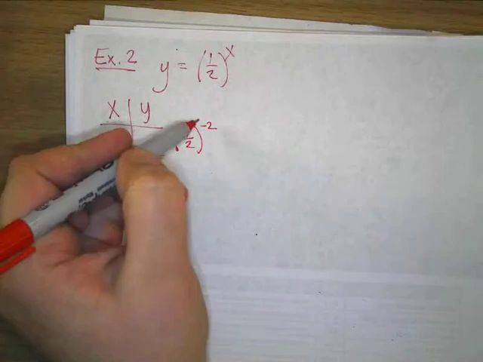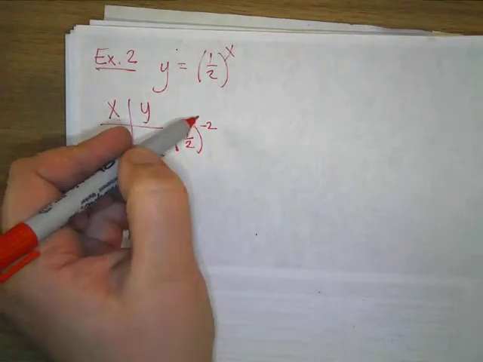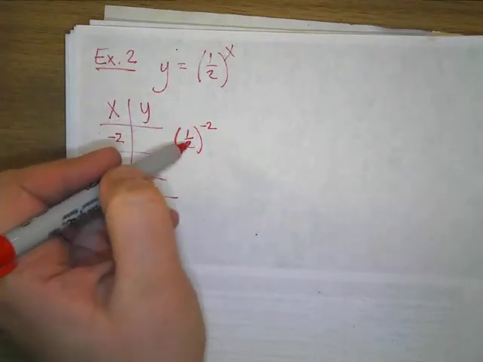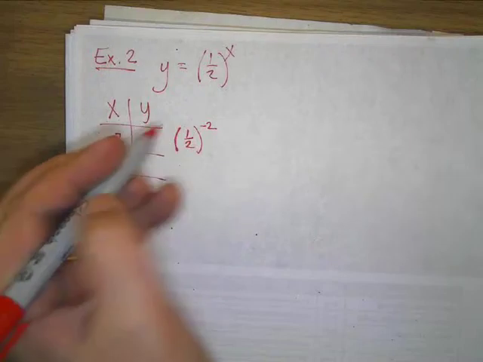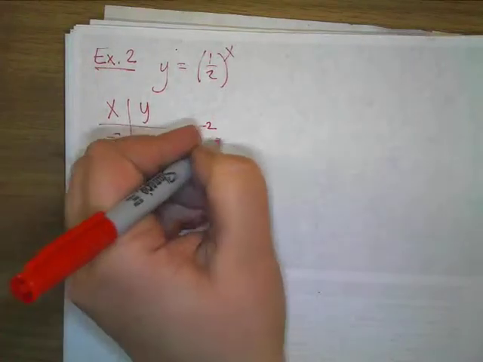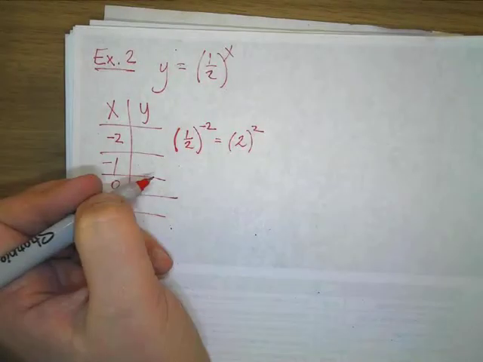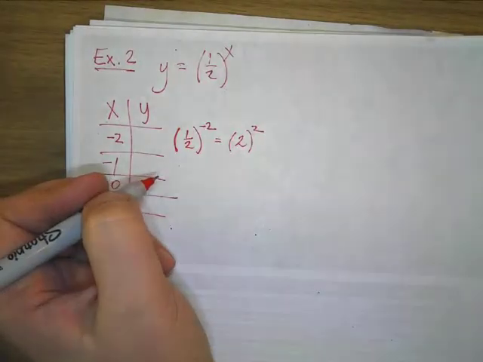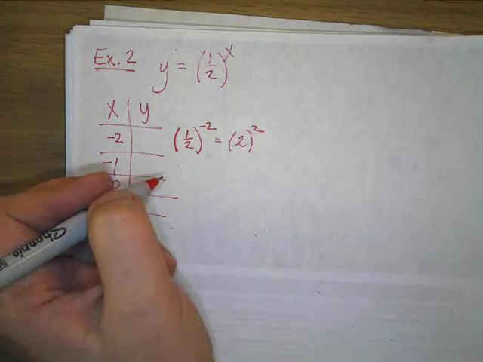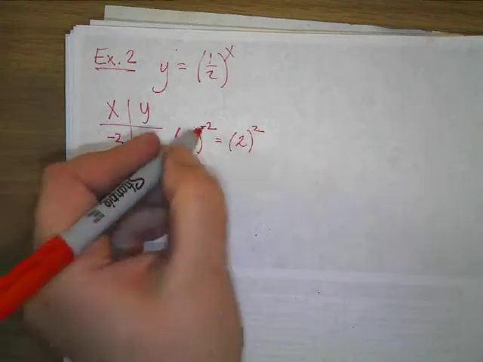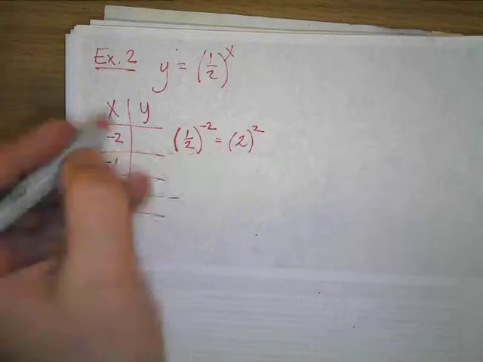I'm going to deal with the negative right now. When the negative is in the exponent, what do I do with the base? Flip it. So instead of 1/2, it's going to become 2 over 1, which is 2. The negative tells you to flip the number. So I just flipped it and it becomes positive. So what's 2 squared? 4.